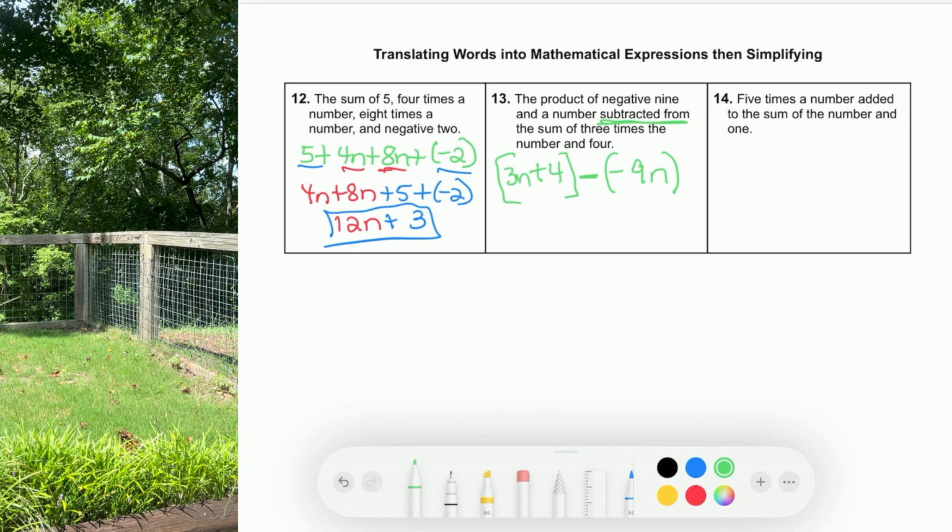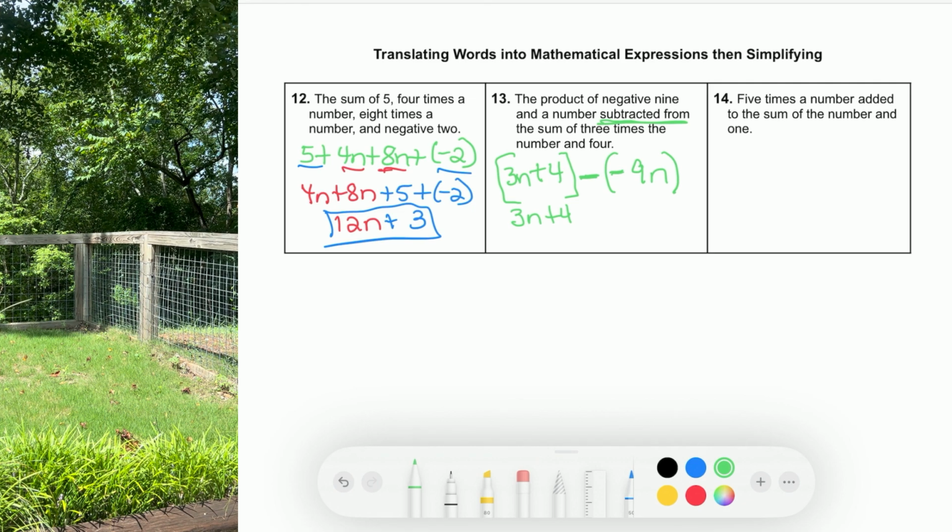Okay. Don't forget to have this negative in here with this 9 because it said a negative 9. And then that is being subtracted from, so that's why we have the subtraction sign here. So make sure you have both of those. All right, I'm going to bring this out because there's nothing to change about this. So this will change, however, the subtraction and the negative 9.